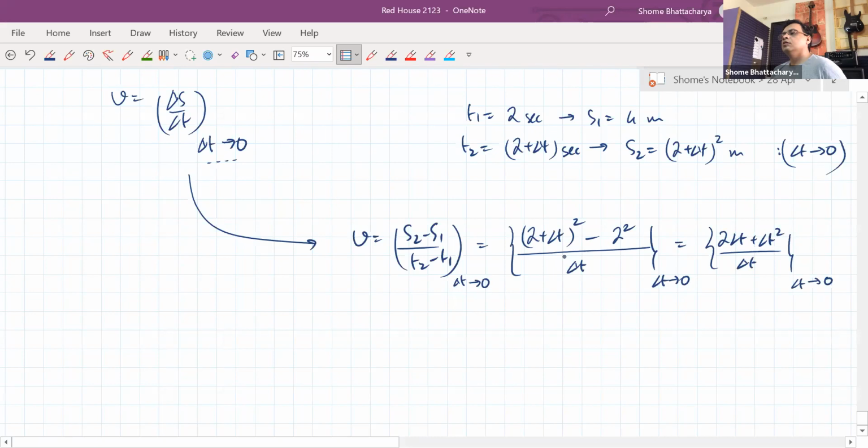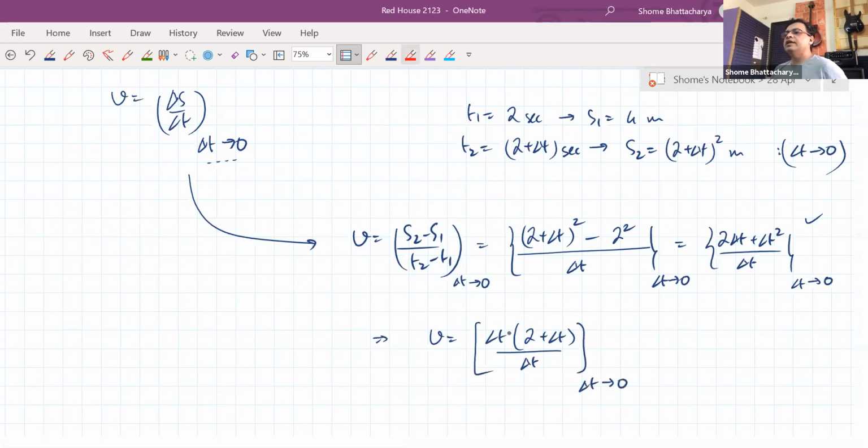Okay. So this step is clear now. We are just expanding this. So next step you can see that we can take delta t common in the numerator. So it becomes 2 plus delta t divided by delta t. Okay. Now what we can do is we can cancel this. Now the reason why we can cancel this is, remember, delta t is not 0.